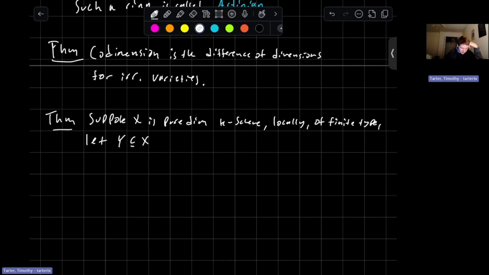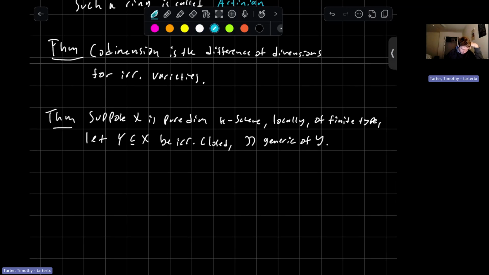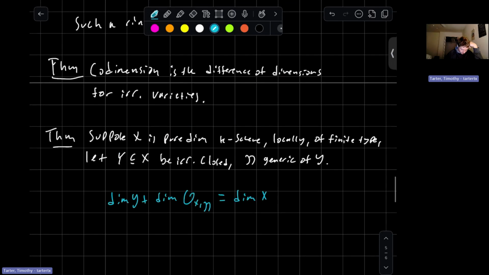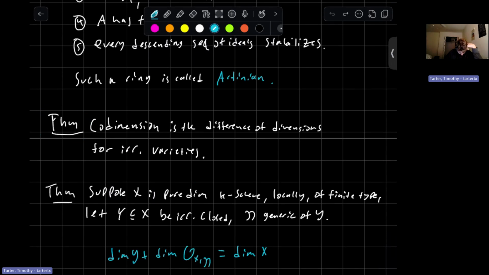Let Y contained in X be irreducible closed, and then eta generic of Y. Then dim Y plus dim of the local ring at eta is equal to dim X. And then this is where we get the actual theorem here.